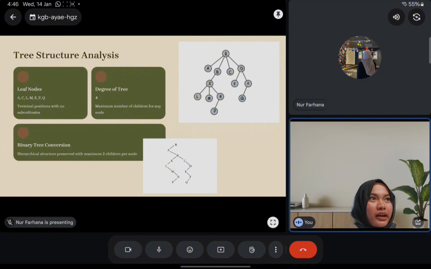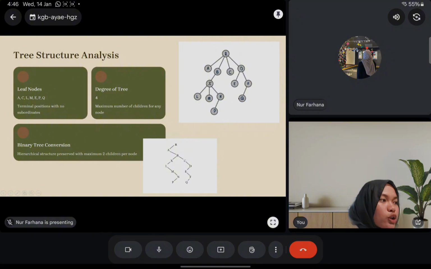It's not a parent and doesn't have children. So the leaf nodes look like this. The answer is nodes A, C, L, M, E, B, G. That's all from me.